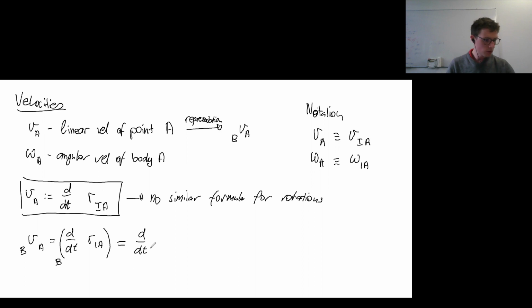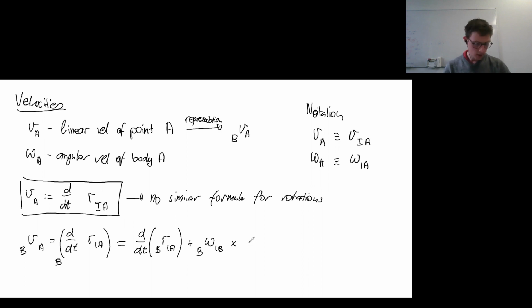So how this will resolve to, and you'll have derivations in the script of this, is that we have the time derivative of our position vector expressed in the B frame. So notice here, now the B is inside of the derivative. Let me take the parenthesis like this. Plus another term, which is related to the angular velocity of the frame that we are expressing the velocity in.